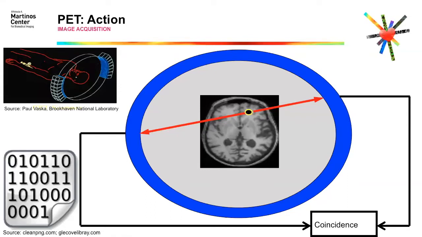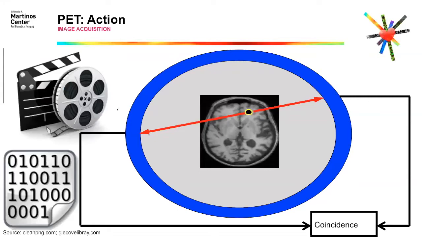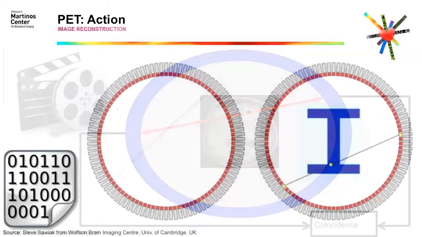And we can acquire this for minutes or even hours and have not only a single shot of what is happening in the patient at one single time point, but we can do it at several time points. In general, at a large interval, up to 2 hours or even more sometimes. So that's basically the action of the movie.